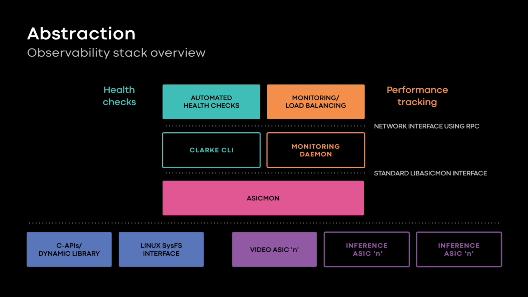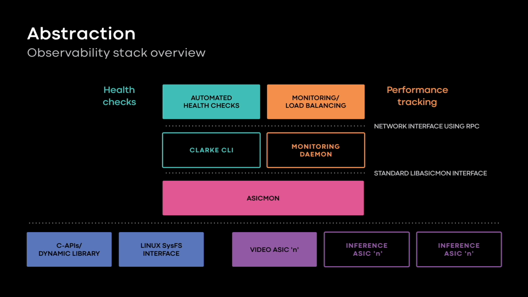So for instance, on the left, we have a stack of health monitoring software that's able to figure out when an ASIC is running bad or is faulty, and then we can reset it or send it into repair. And on the right-hand side, we have performance monitoring. So you can use this to track the efficiency with which these accelerators are running. You could use it to automatically balance the load.